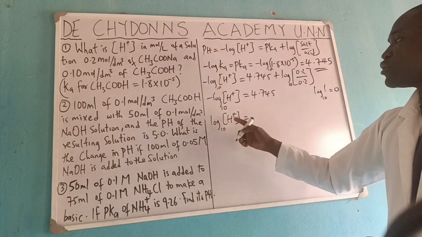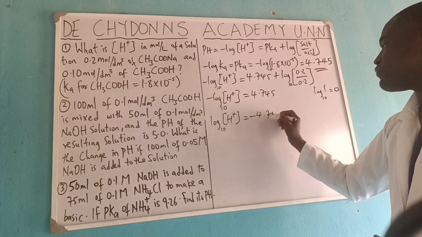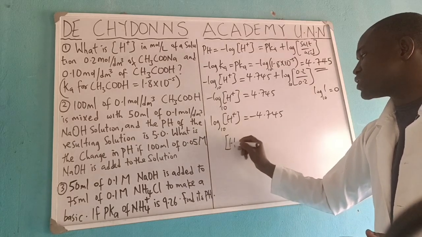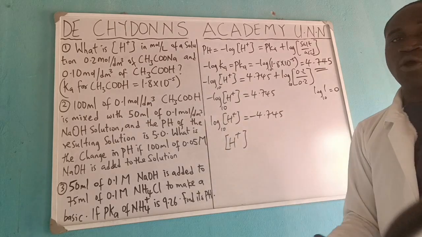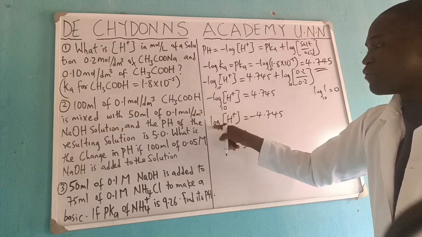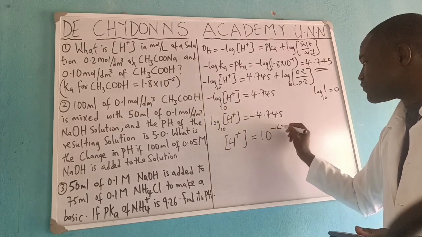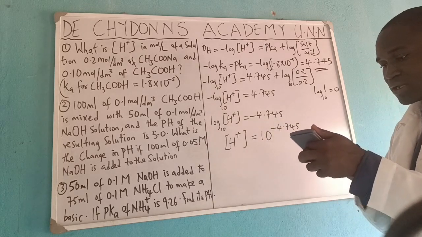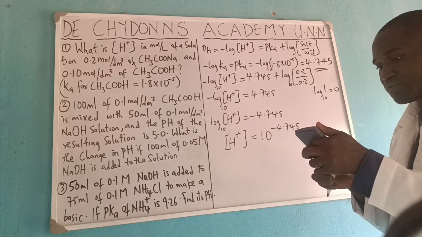Now, this one, I will take this minus to this side, become minus 4.745. Then the hydrogen ion concentration, making it subject of formula, this 10 will lift this up from the principle of how to convert logarithm to indices. So, to remove this logarithm, this 10 will lift this up, equal to 10 raised to the power minus 4.745.